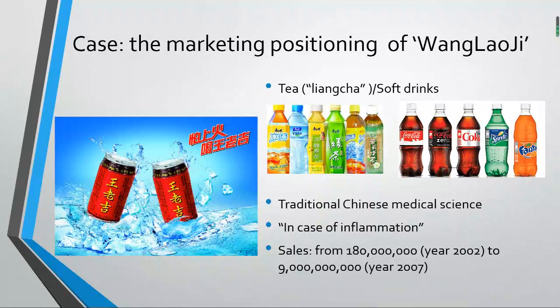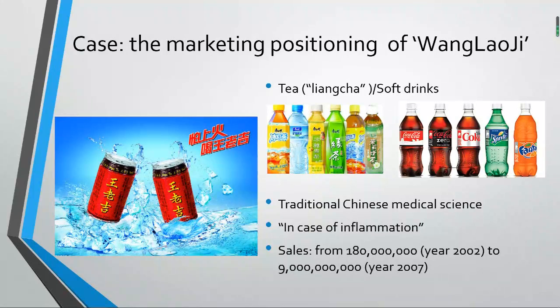Now I believe you can find there is something different from other brands of soft drinks. First, Wang Lao Ji doesn't aim to gain all the potential customers in the whole soft drink market. Actually, it makes a new market segment in China, a market for herbal tea soft drinks.